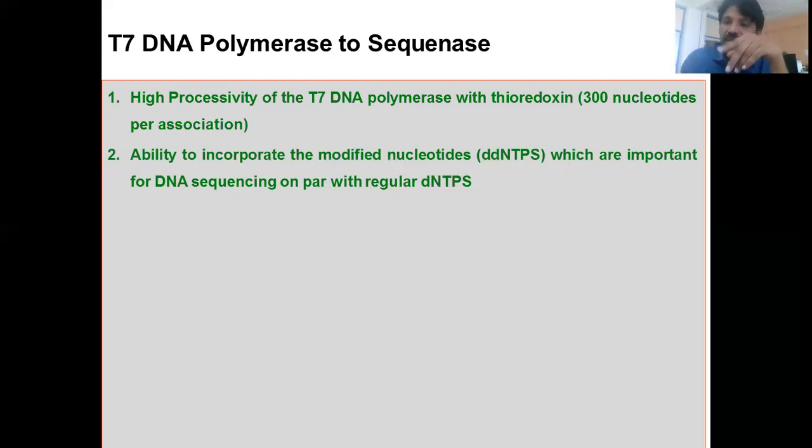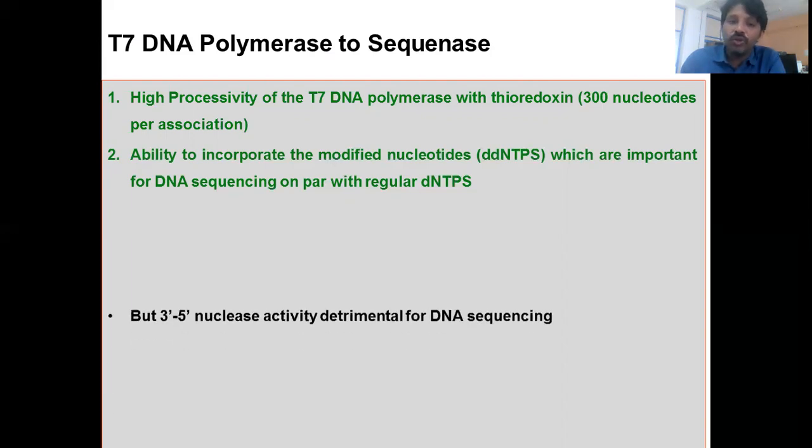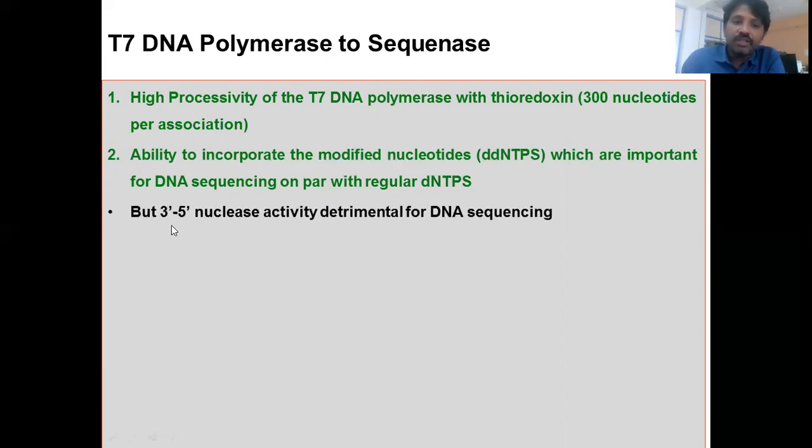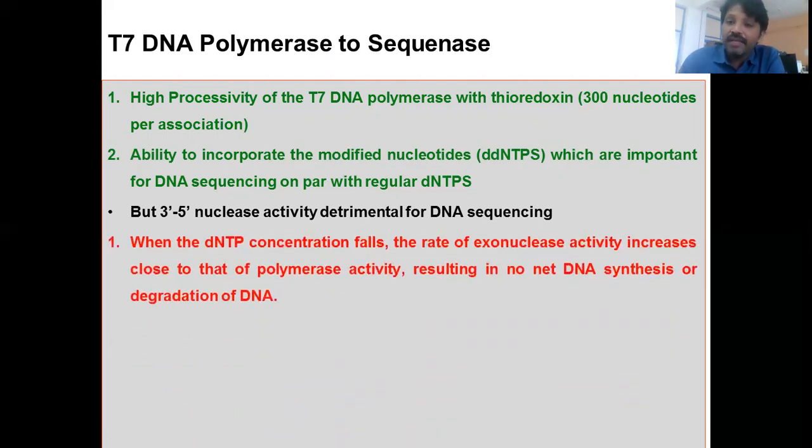So these two are ideal features for an enzyme to become a sequenase. But the problem is the 3' to 5' exonuclease activity. See, 3' to 5' exonuclease activity is detrimental for DNA sequencing. Why?